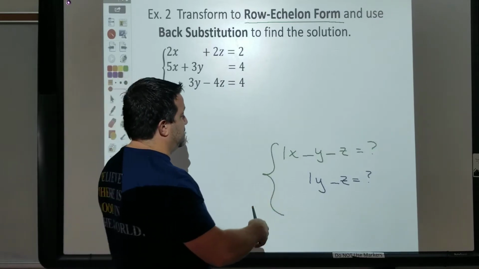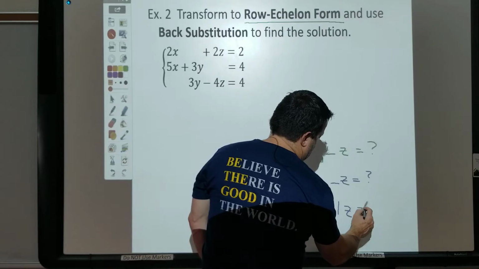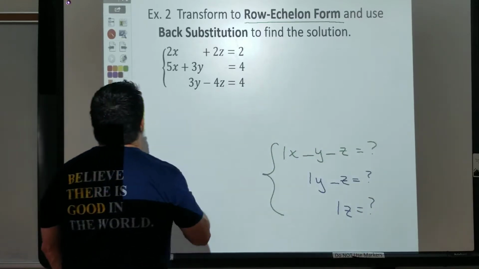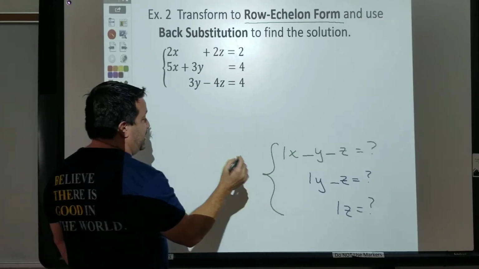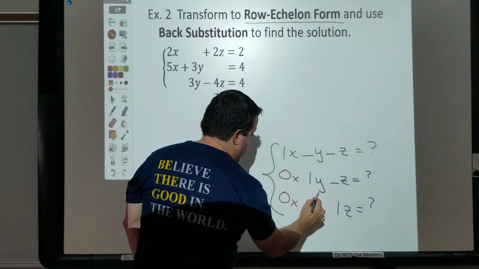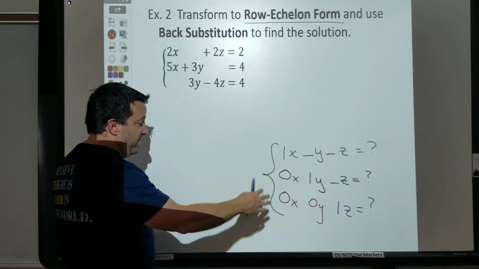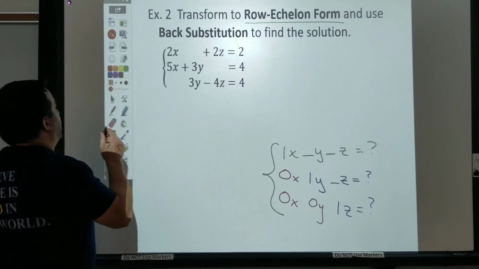And then we need to get the last equation to just be 1z equals some number. Now, what that means is that I need to have this be a 0x and a 0y. Normally I don't have those filled in, but I want to show that those are indeed there.